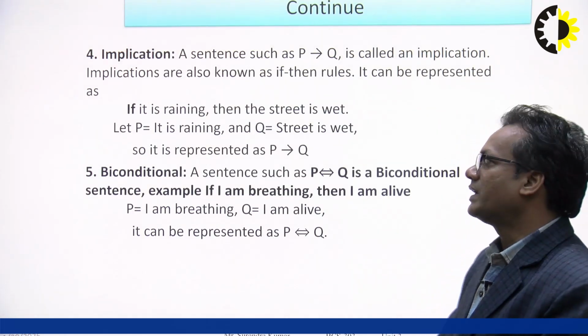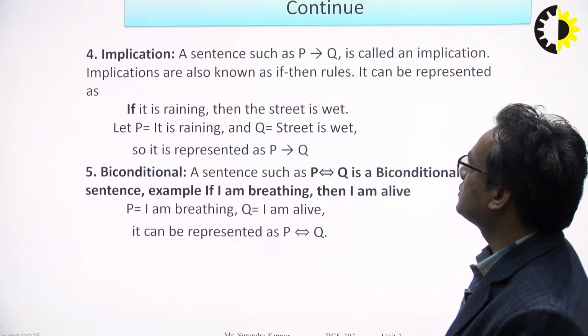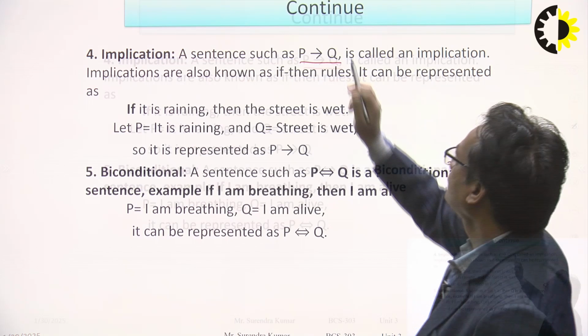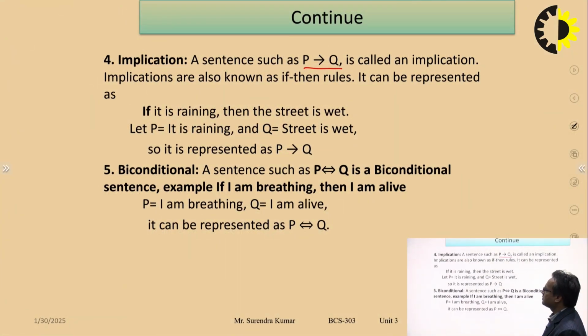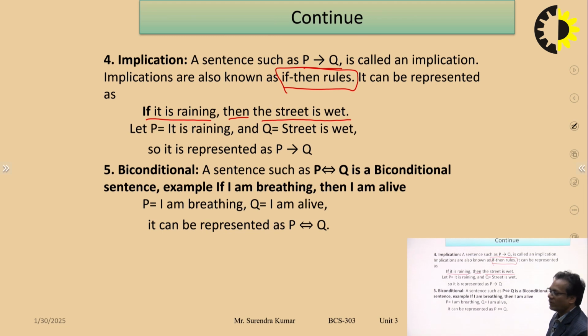Next one is implication. Implication basically works with a sentence such as P implies Q, which is called an implication. Implications are also known as the if-then rule. For example, we have: if it is raining, then the street is wet.